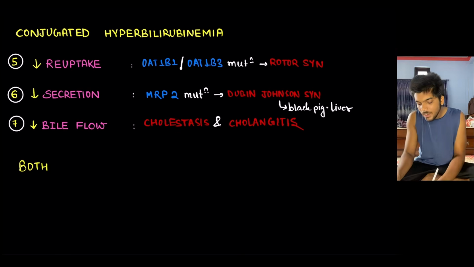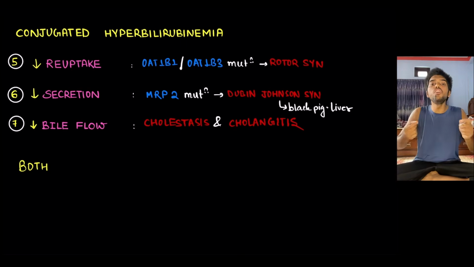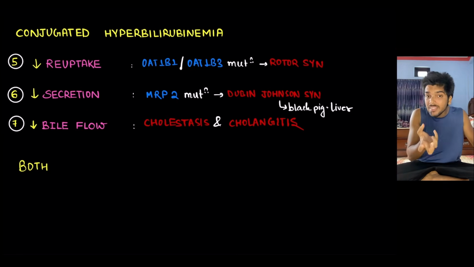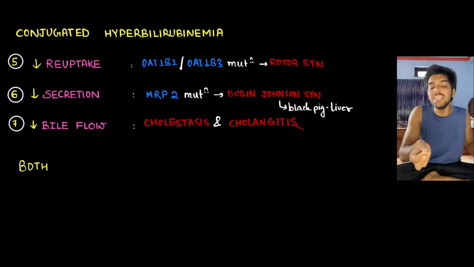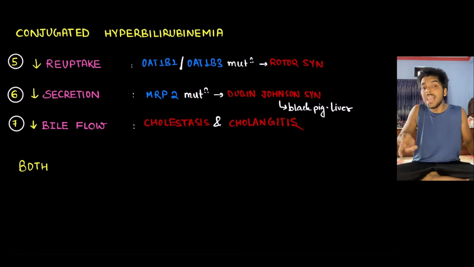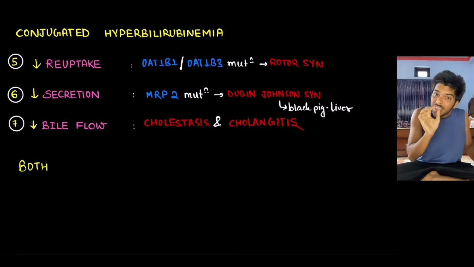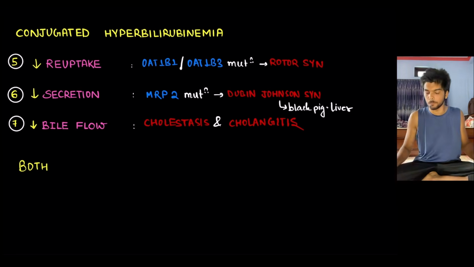The reason being, in Dubin-Johnson syndrome there is accumulation of catecholamine metabolite, right? Epinephrine metabolite. After the metabolism of catecholamine, the metabolite that remains goes and deposits in the liver in Dubin-Johnson syndrome, leading to blackening of the liver, because that metabolite itself gives that black pigmentation.